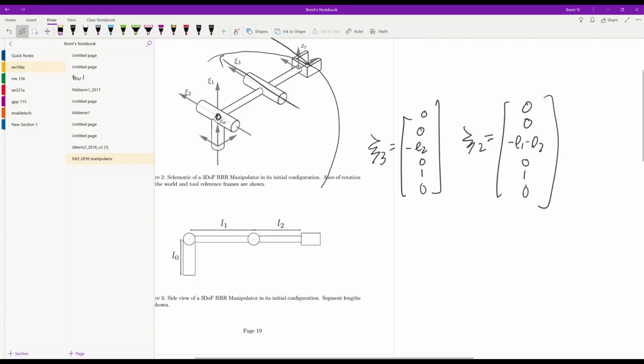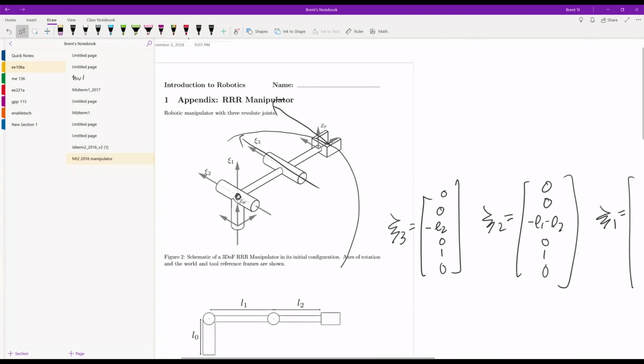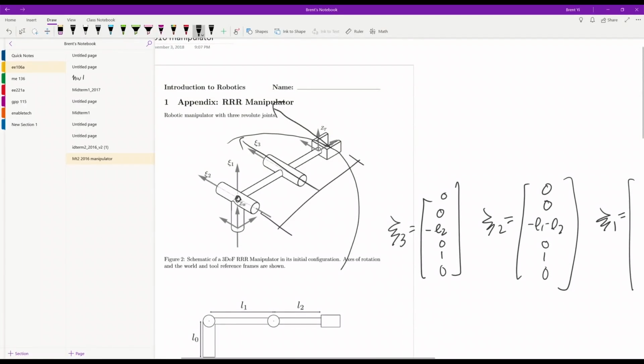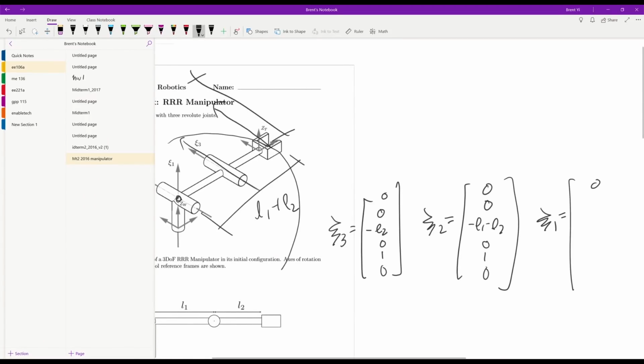So we get that twist 1 is equal to 0, and then L1 plus L2 in the positive y direction, because this length is equal to this length, right? This is L1 plus L2. So this is also L1 plus L2. 0, L1 plus L2. We have no z component. And then the axis of rotation is 0, 0, 1.